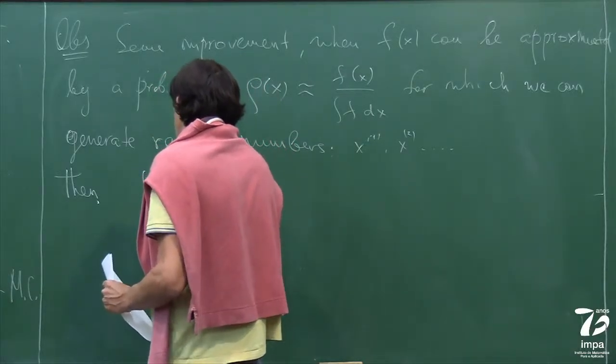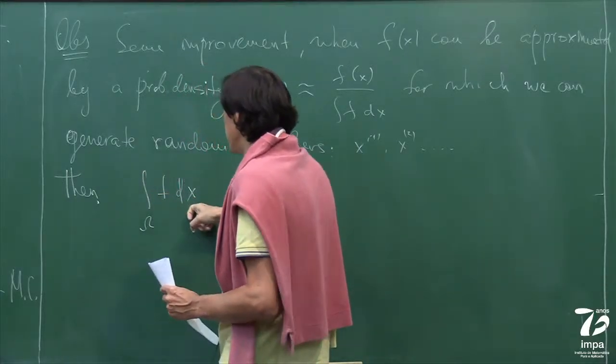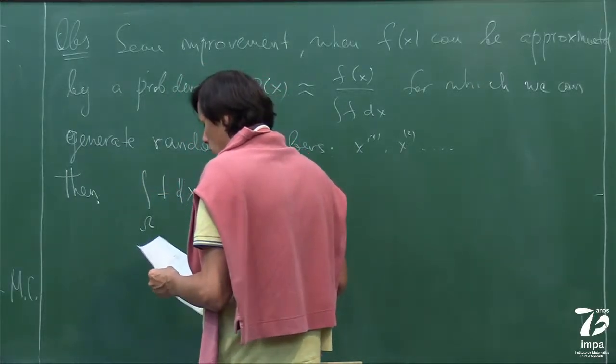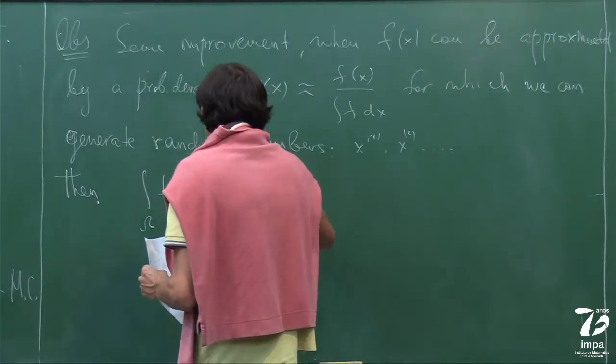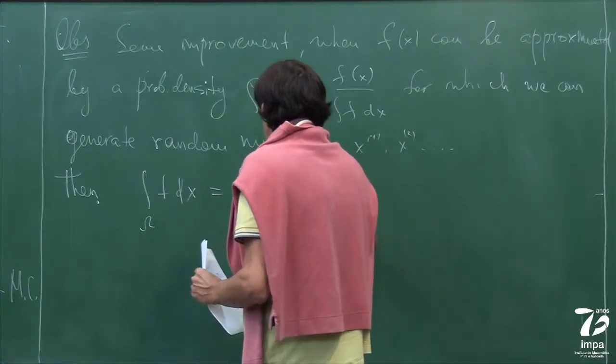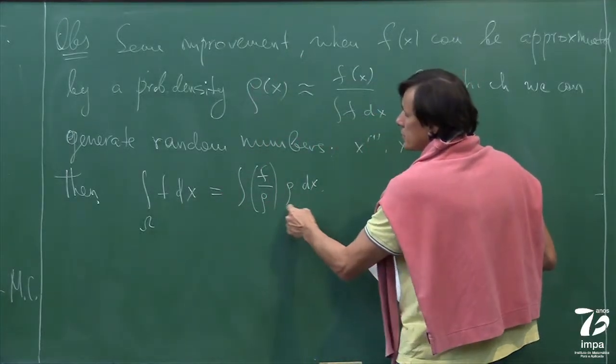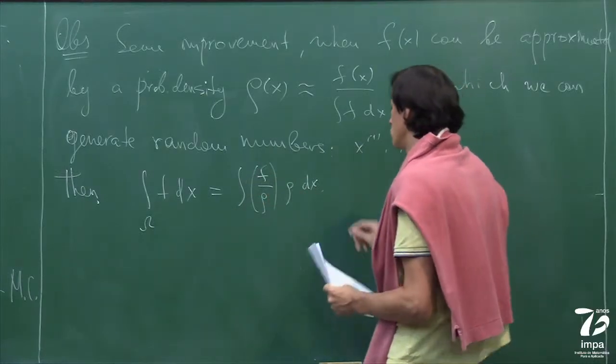Okay, I write it first time, but so the integral, what you can do, you divide it by rho and multiply by rho. So now this is the mean value of this function.